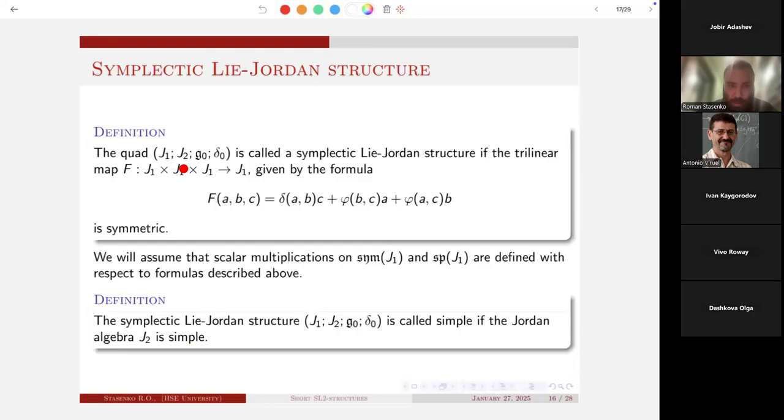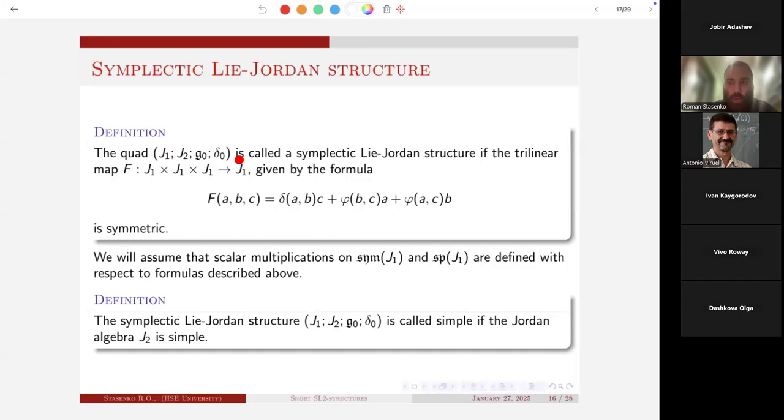As you can see, the situation now is very different from the case of very short SL2 structure from the Tits-Kantor-Koecher construction. Here we need to introduce four elements.